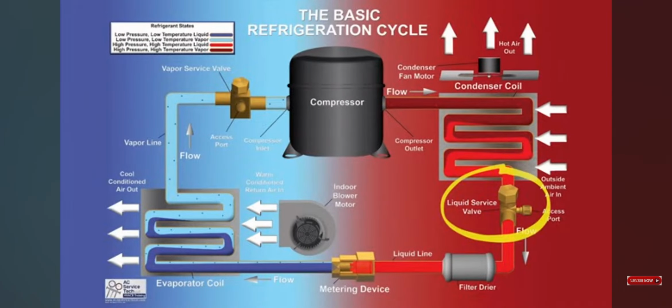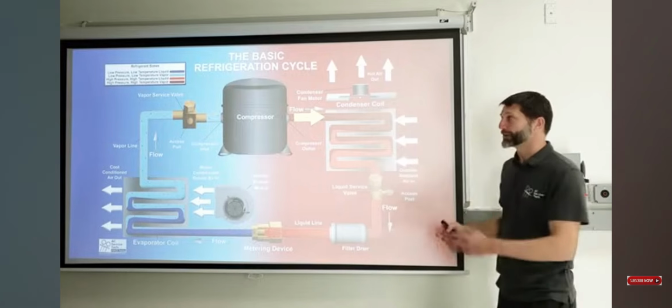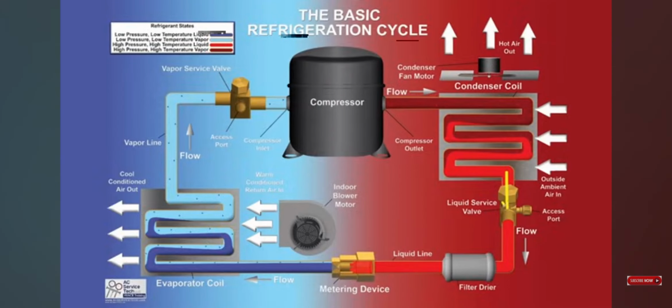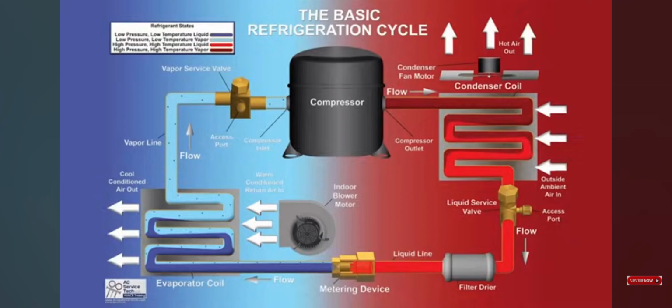And so you can take a pressure reading right here at this service valve. You can also shut down this service valve up here at the top. The filter dryer is just to trap any moisture, but it has a limited capacity. So basically you have subcooled liquid traveling through here. It remains unchanged.